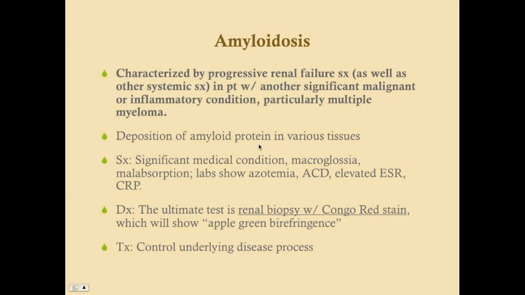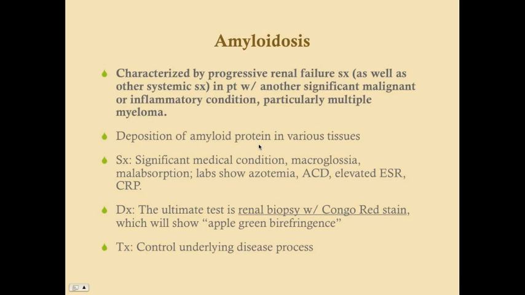So all these patients will have another significant medical condition, and what you see in amyloidosis, curiously, is this enlarging of the tongue, which I'm not really sure why that happens. I'm not sure if any of us know why that happens. And you'll also see malabsorption a lot of times because the amyloid protein deposits in the intestine.